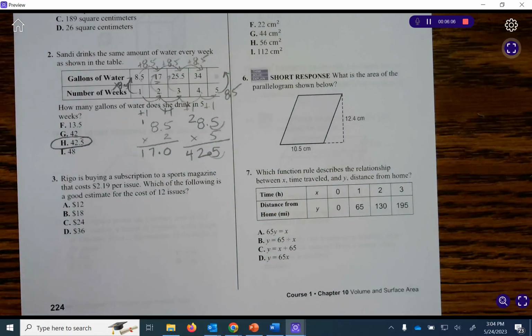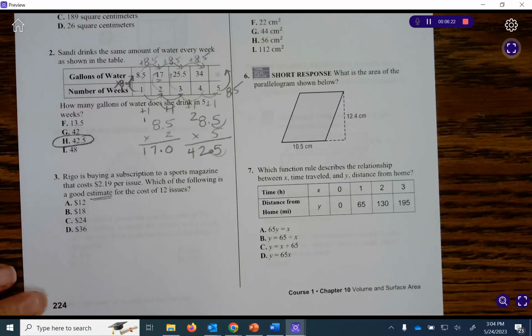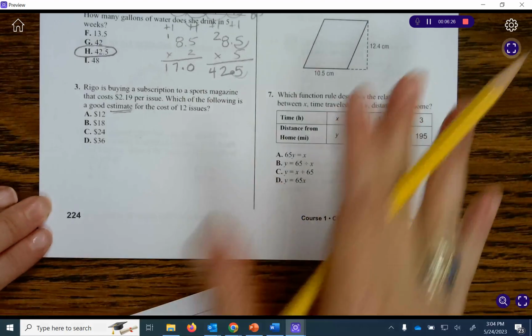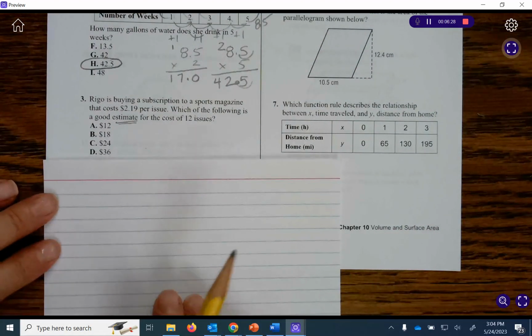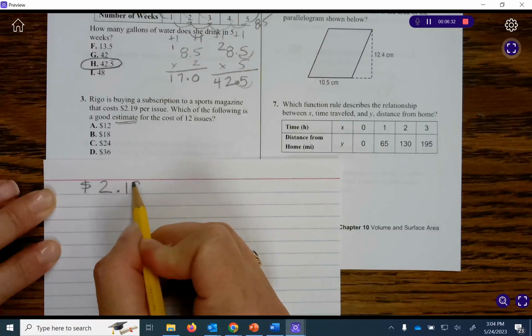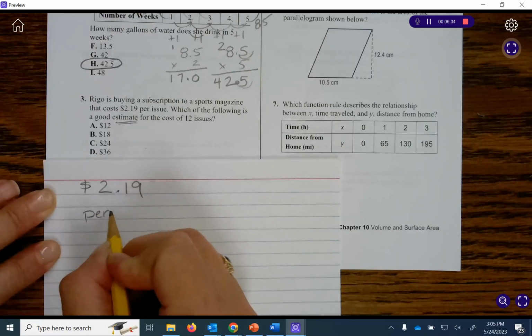Okay, question number 3. Rigo is buying a subscription to a sports magazine that costs $2.19 per issue. Which of the following is a good estimate for the cost of 12 issues? Note here that they want us to estimate. All right, so we know that one issue is $2.19 per issue.